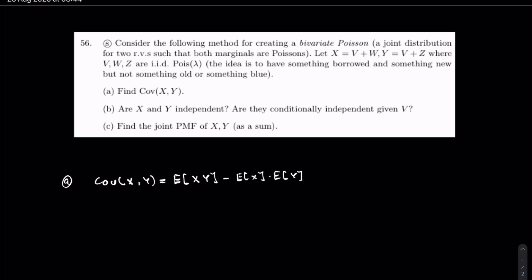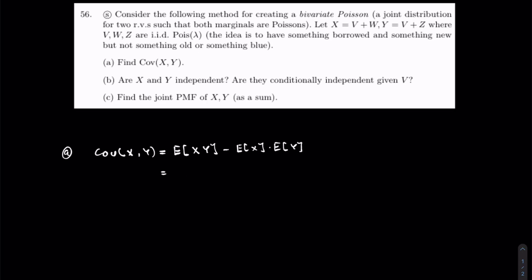And here we can substitute x and y and calculate. Basically this is now just algebra: substituting in what x is, what y is, and going through and calculating each of these terms, we will arrive at what the covariance of x and y is.